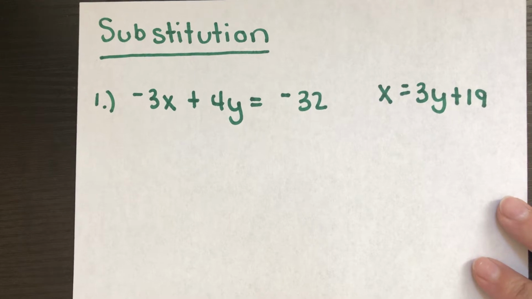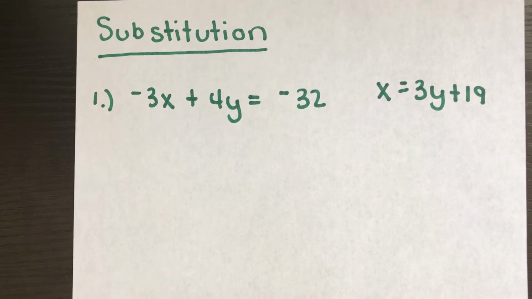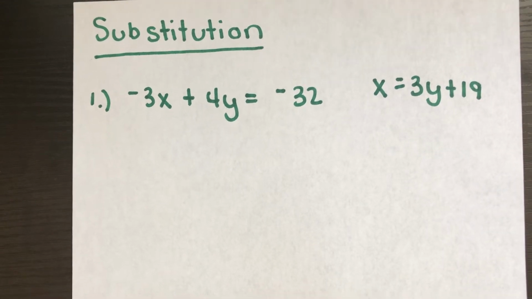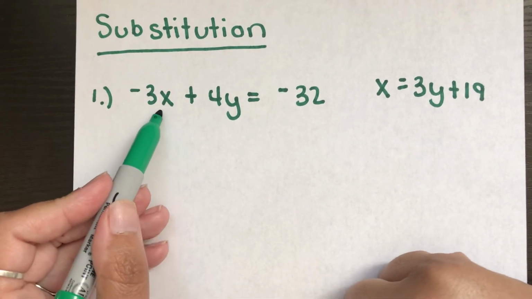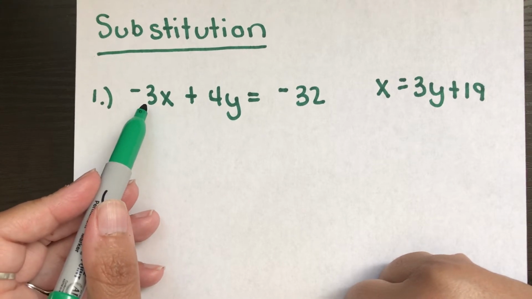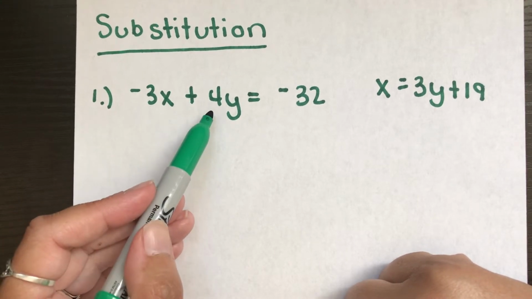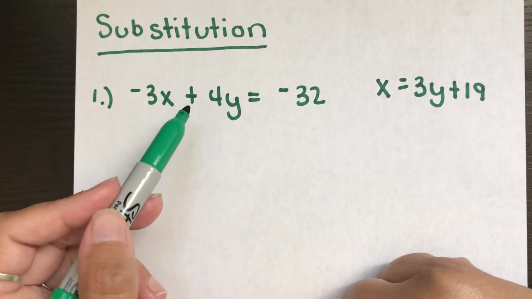Now, substitution is useful when you have a variable that is isolated in one of the equations. And if there isn't a variable that's isolated, it's helpful if there is a coefficient of 1 somewhere. What I mean by that is, a coefficient is the number in front of the variable. This is a -3, not a 1. This is a 4. So this equation is not too easy to work with.